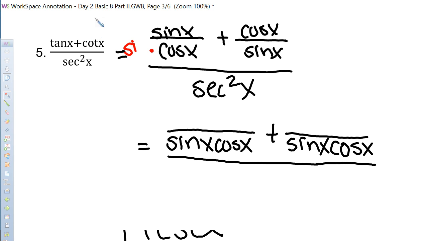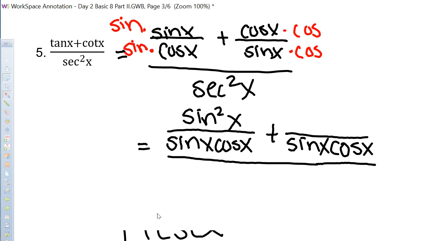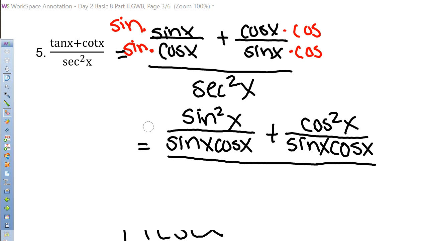Sine, so multiply the numerator by sine, and sine times sine would be sine squared of x. And the second one had sine, what was it missing? Cosine. And what's cosine times cosine? Cosine squared of x. And in the denominator we have secant squared of x.